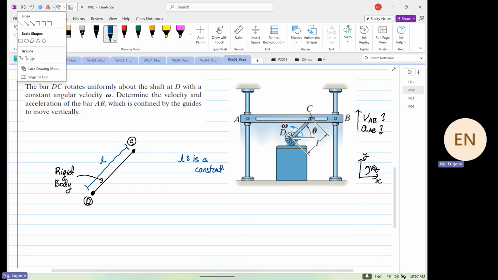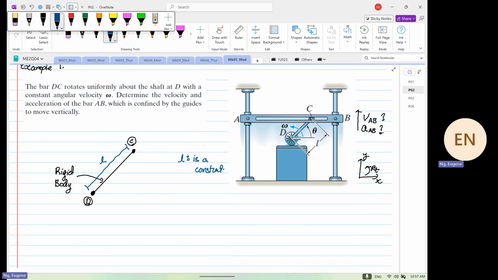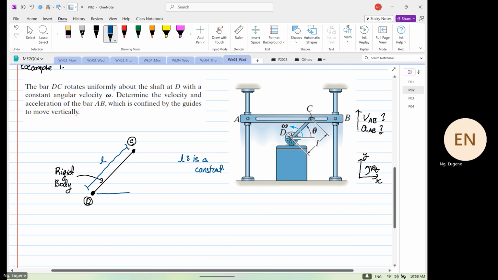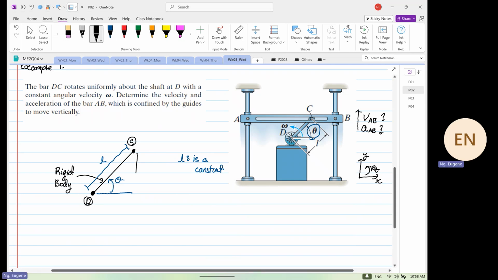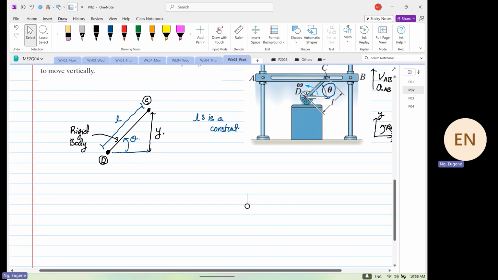And in the diagram, this is our theta. So the next thing that we want to find out is what is y. So we know y is equal to L sine theta.